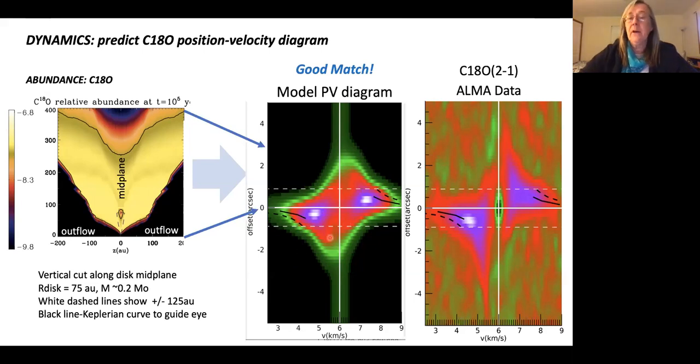So overall, we find a good match in the position-velocity diagram. The strength of the C18O emission is also similar to what is seen in the ALMA data. And with further tweaks, we can improve the actual fit.